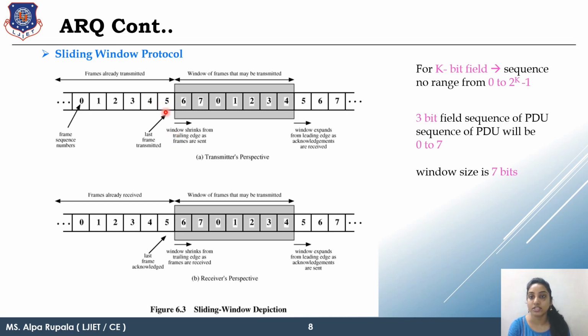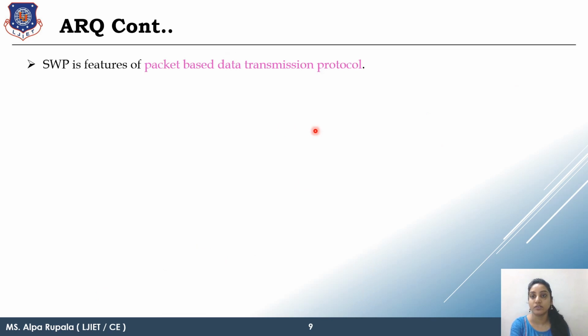As soon as the transmitter gets the acknowledgement of PDU 5, it will shift one place to the right and send the next PDU, that is 6. The same fundamental is applied at the receiver side. As soon as it receives the PDU, it gives the acknowledgement, and the window is shifted to the right. So this whole mechanism is known as the sliding window protocol.